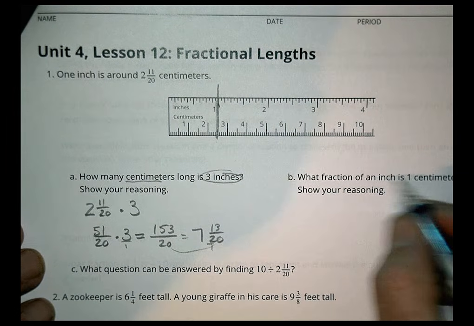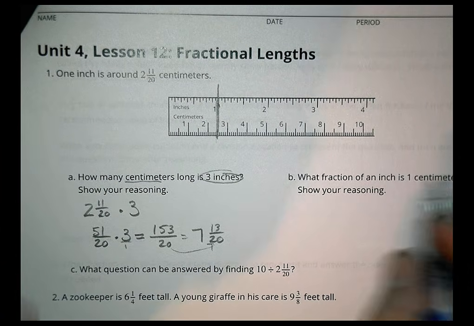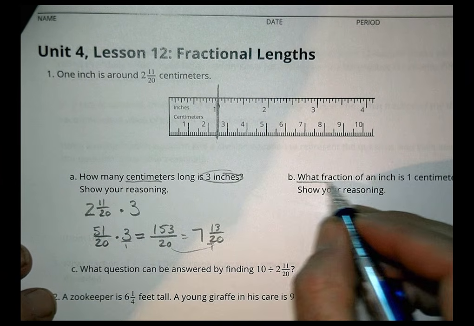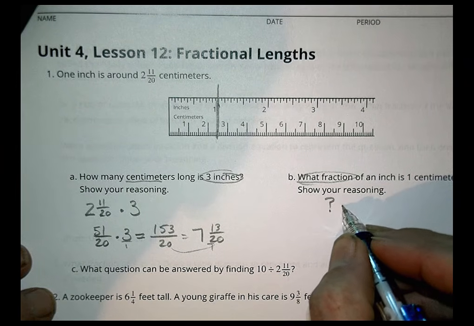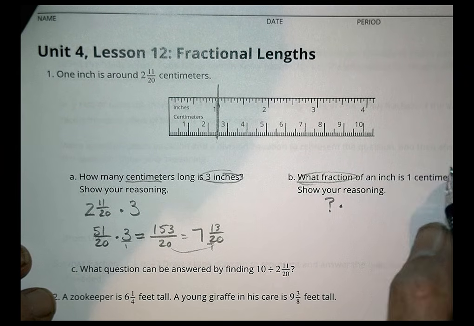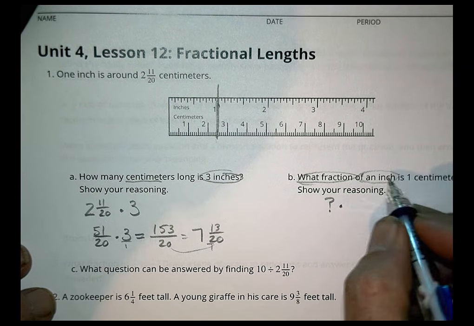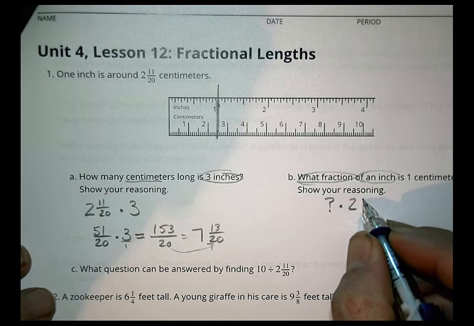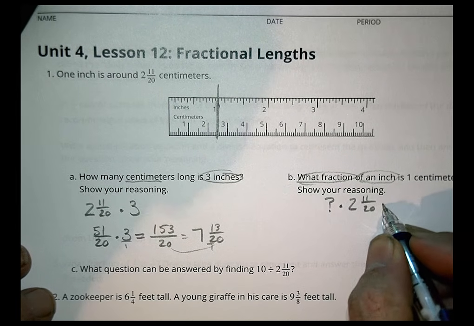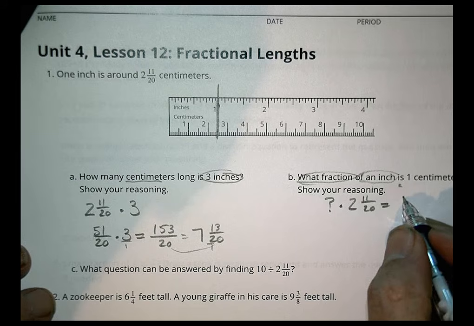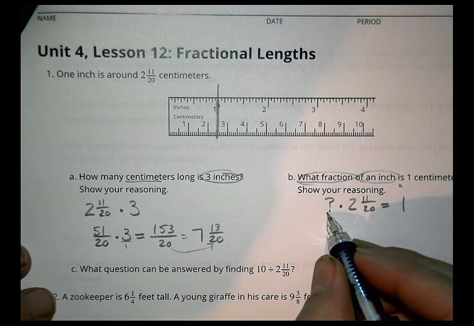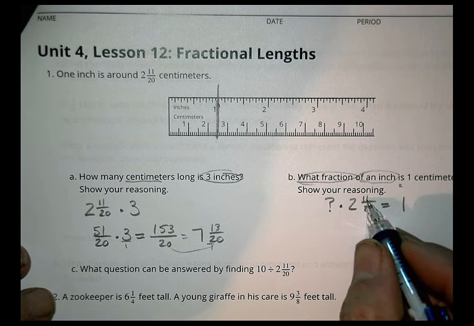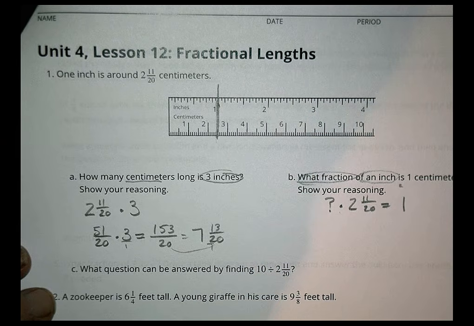So what fraction of an inch is 1 centimeter? Well, how much is the inch? The inch was 2 and 11/20 is 1 centimeter. So what fraction of the inch is 1 centimeter?